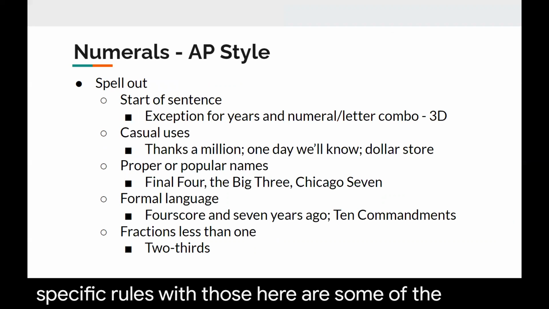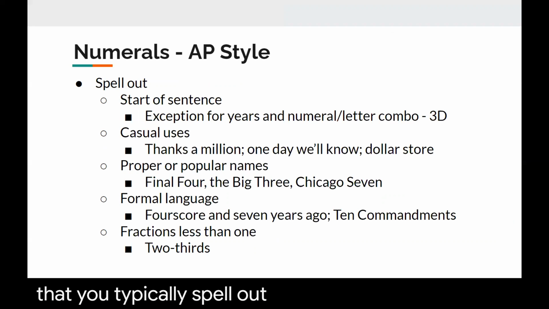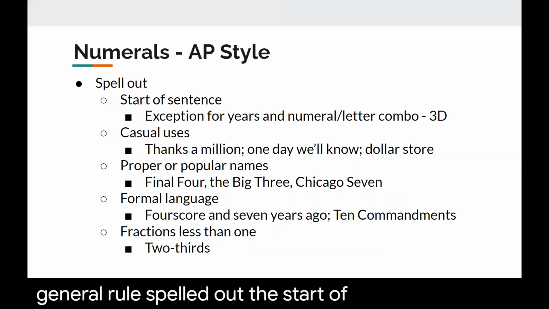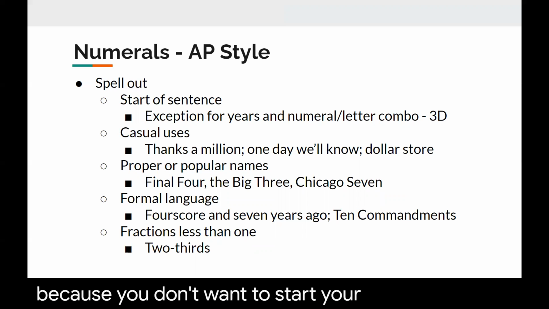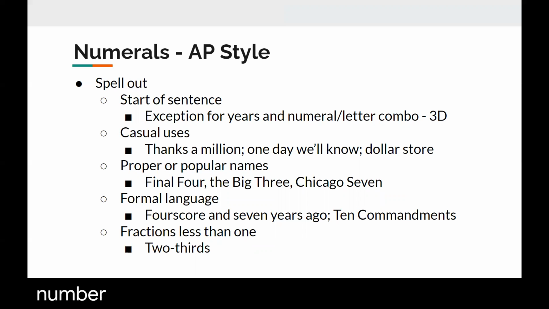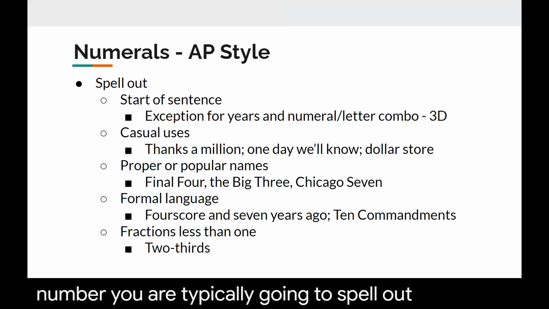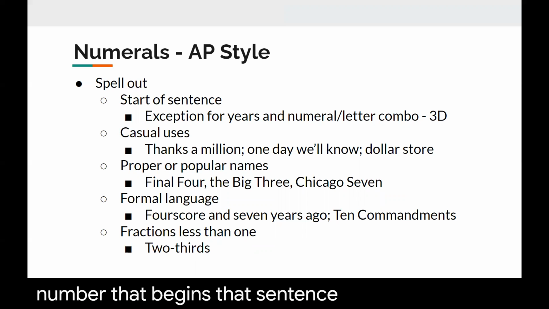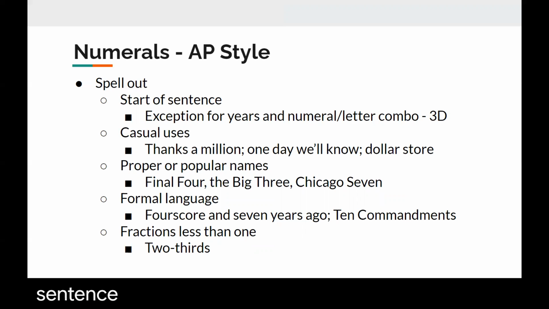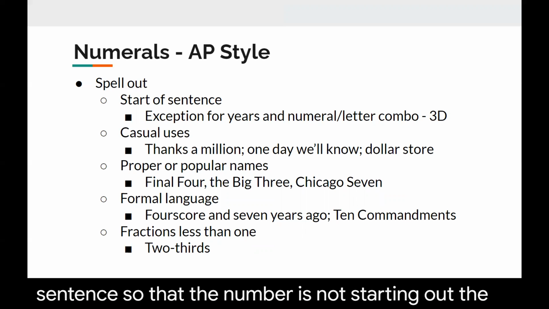Here are some of the things that you typically spell out instead of using numbers. So we know that the numbers 1 through 9 are typically, as a general rule, spelled out. The start of a sentence, because you don't want to start your sentence with a number, you are typically going to spell out any number that begins that sentence, or rewrite the sentence so that the number is not starting out the sentence.